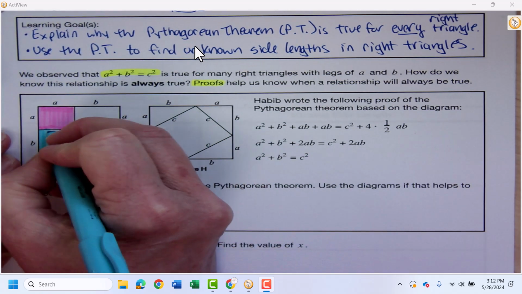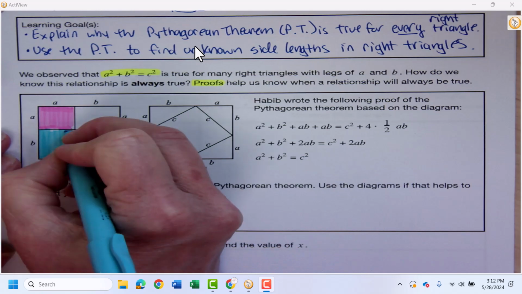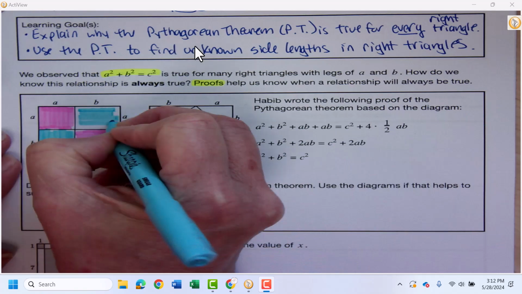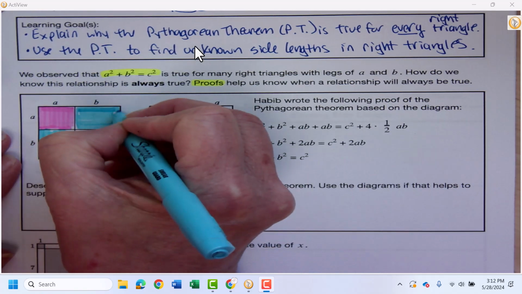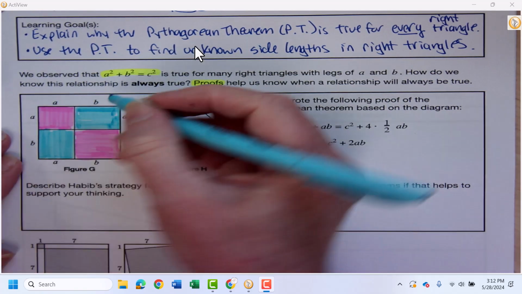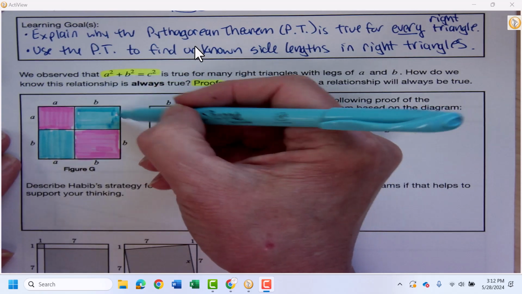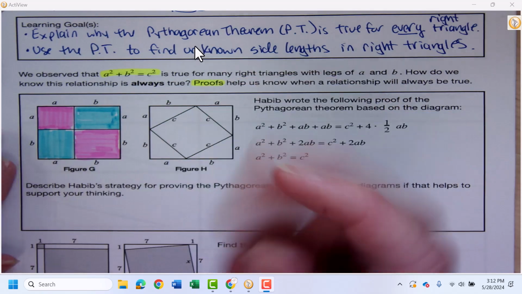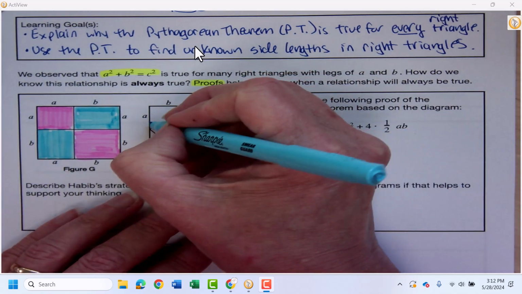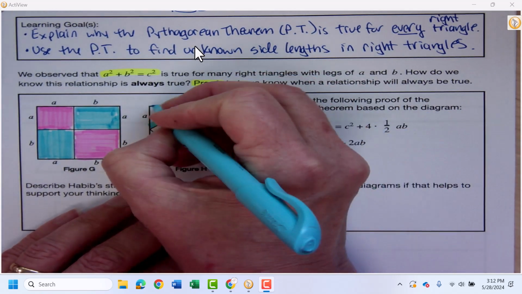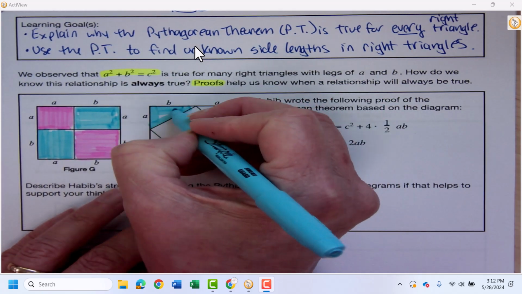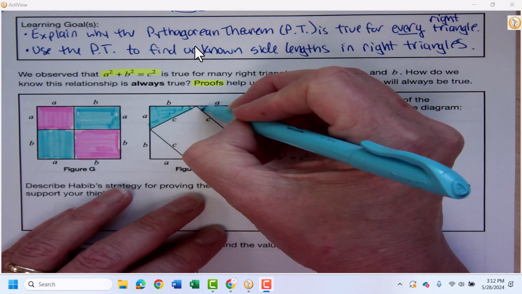And then we have these other pieces that aren't shaded pink. These aren't quite as easy to calculate, but we'll write down their areas in just a moment. It's just the length times the width of that rectangle, A times B, or AB, for both of them. And we can find the area of this whole figure.